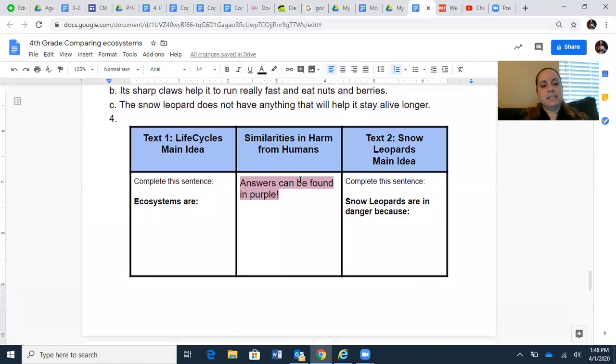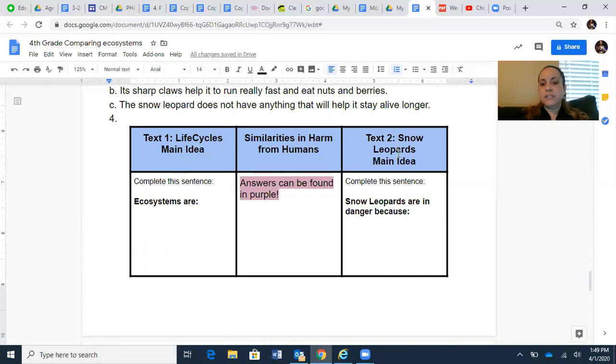All right. And the last one is number 4. This is the same chart that you've seen for some of the other work that you've done for your teachers. In the first box for text 1, I want you to create a main idea. I've already started it for you. All you have to do is finish the sentence. So for text number 1, the life cycles ecosystem text, I want you to start with ecosystems are, and then finish that sentence.